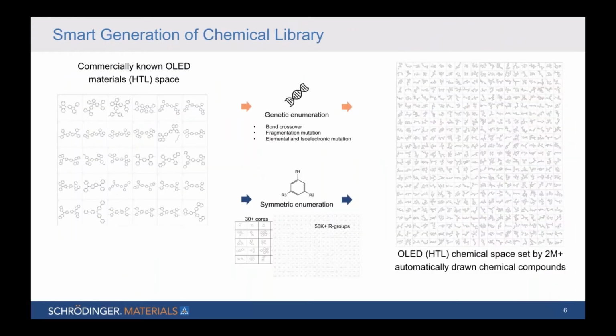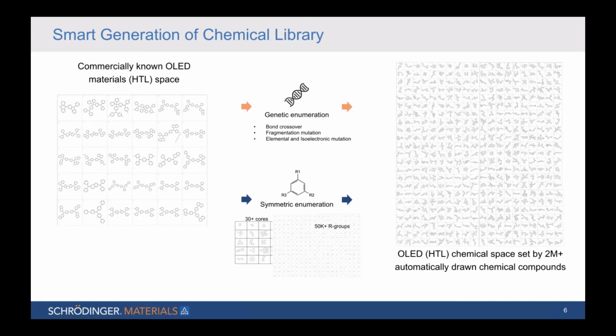So the idea behind our study is we try to develop a chemical library, firstly from commercially known OLED materials in the hole transporting layer space. And from this collection of known OLED materials, we derive two components of information at the chemistry level.